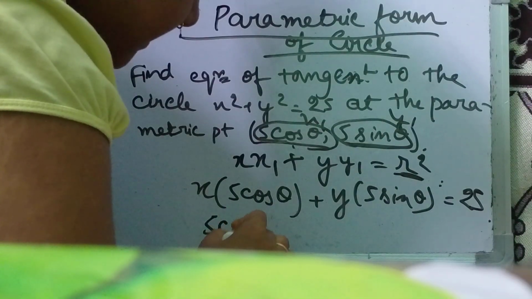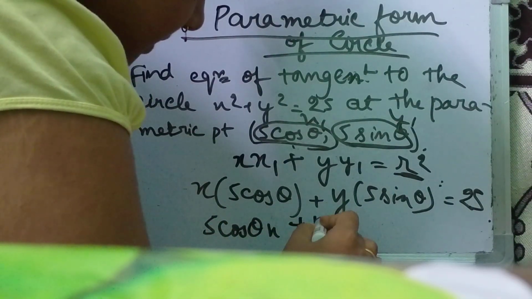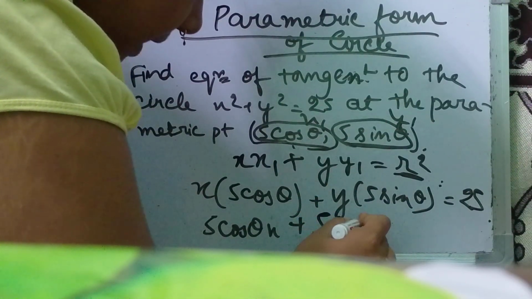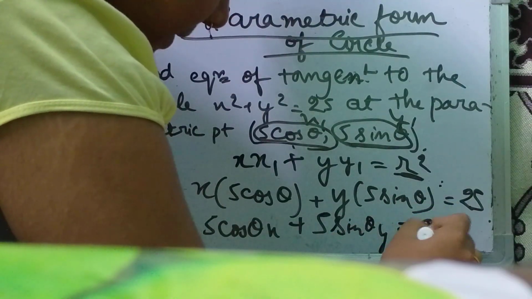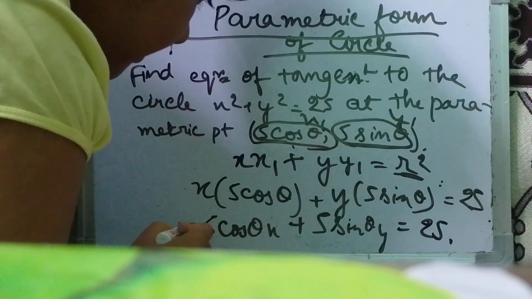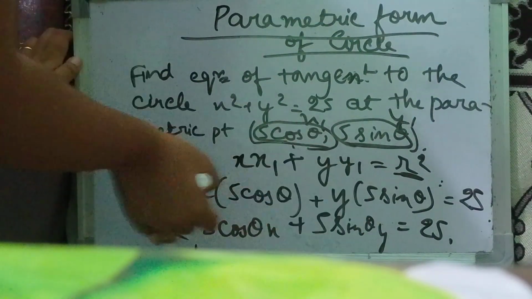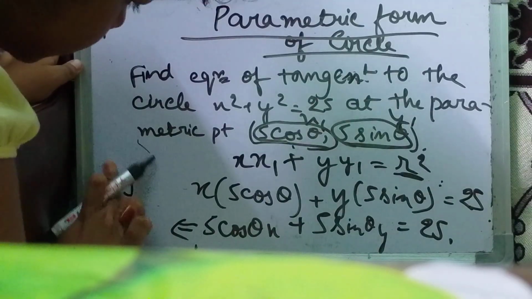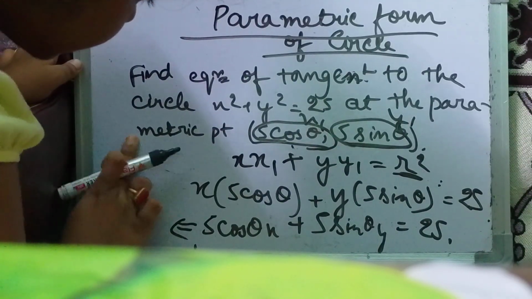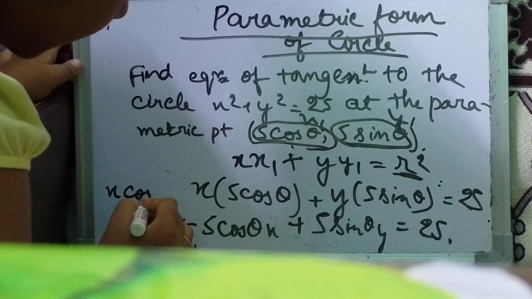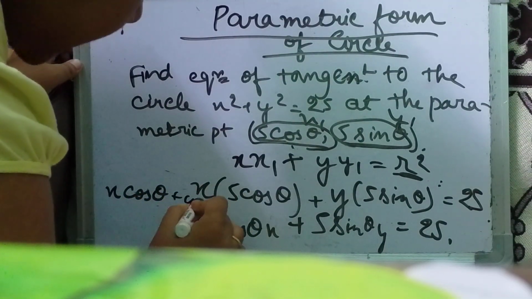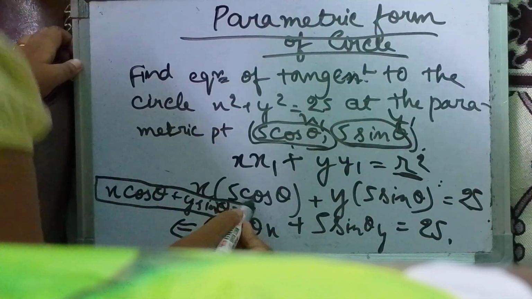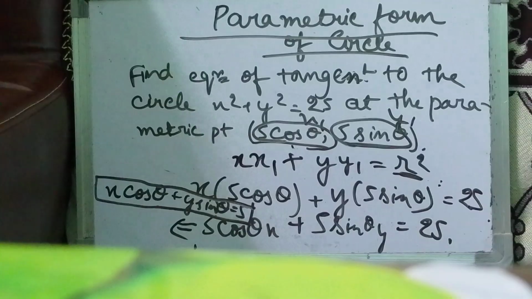So 5 cos theta x plus 5 sin theta y is equals to 25. Dividing by 5 on both the sides, we get x cos theta plus y sin theta equals to 5. This is the final equation.